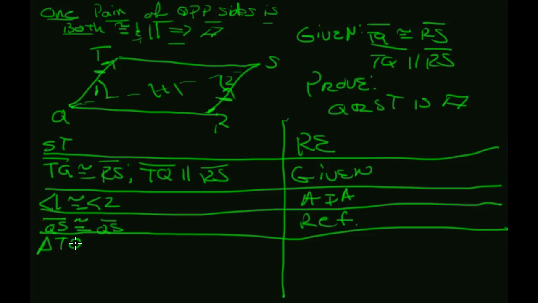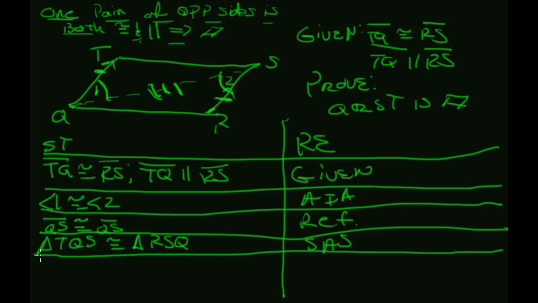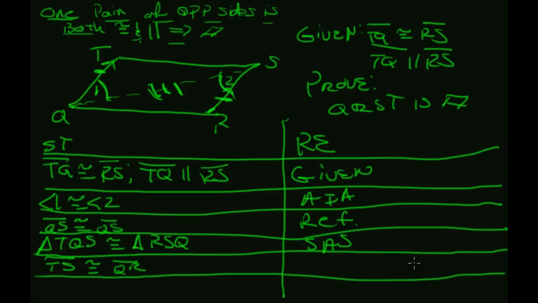And that gets me the two triangles being congruent. Triangle TQS is congruent to triangle RSQ, and that's by side angle side. I have a side, an angle, and a side makes those two triangles congruent. Why did I do that? Because now I know that TS is congruent to QR by CPCTC.